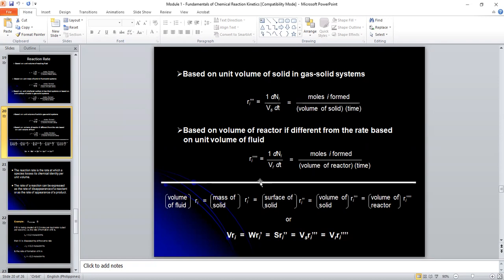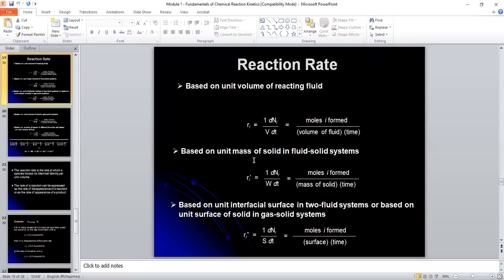When we design, we have, shall I say, allowances for the volume of your reactor. So in that case, you just have to look for that particular phrase in the problem that specifies that you are to express the rate of your reaction based on the volume of the reactor. Otherwise, it's referring to the first one, the common way of expressing the rate of reaction.